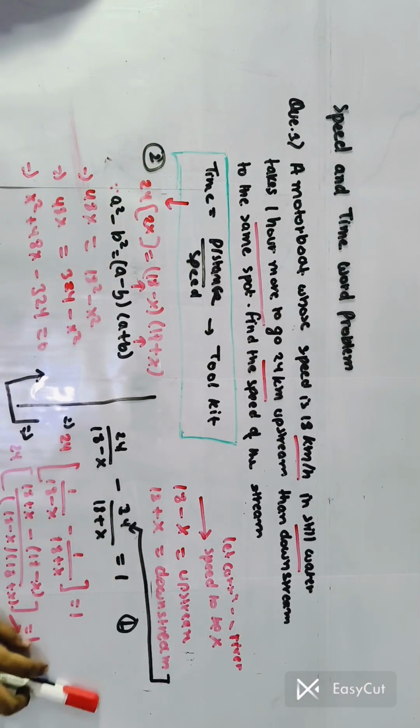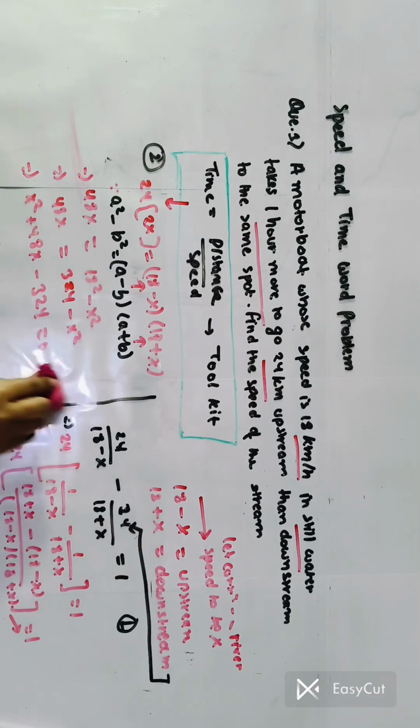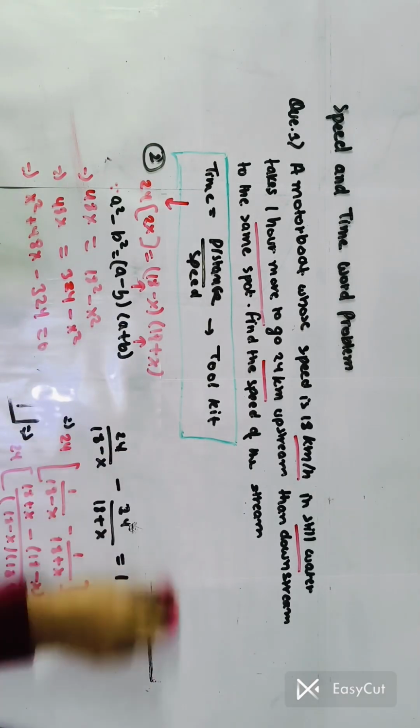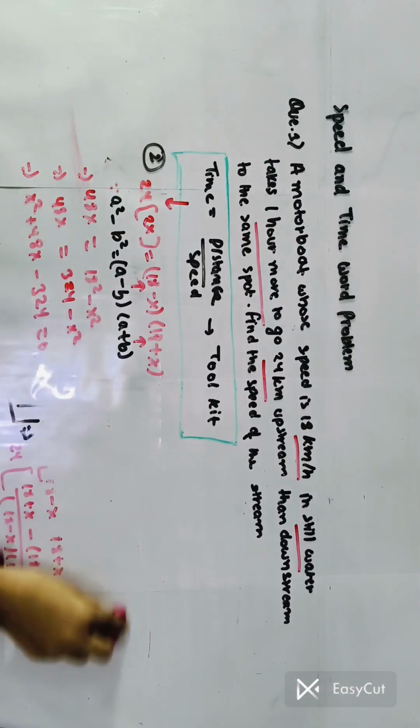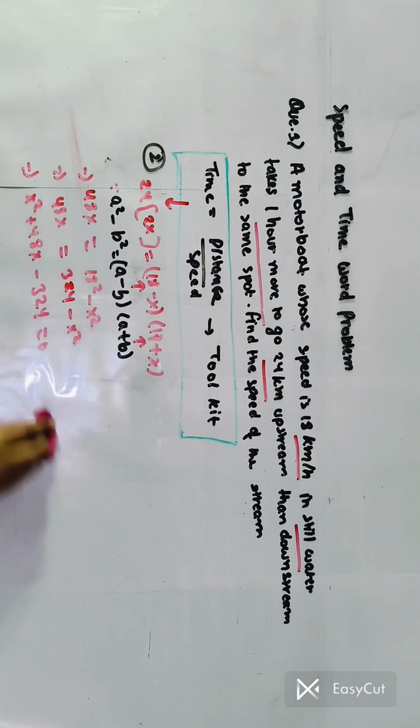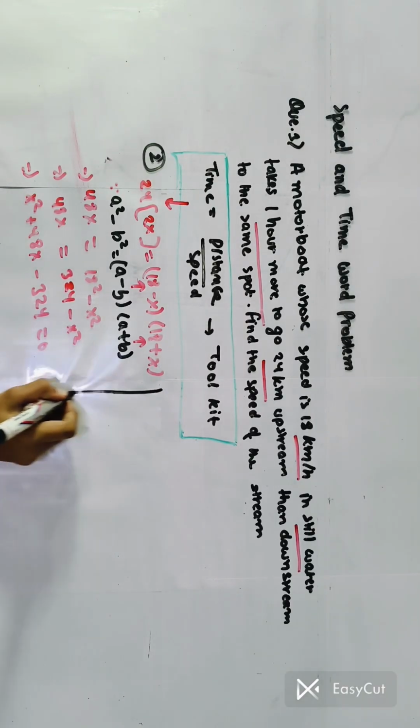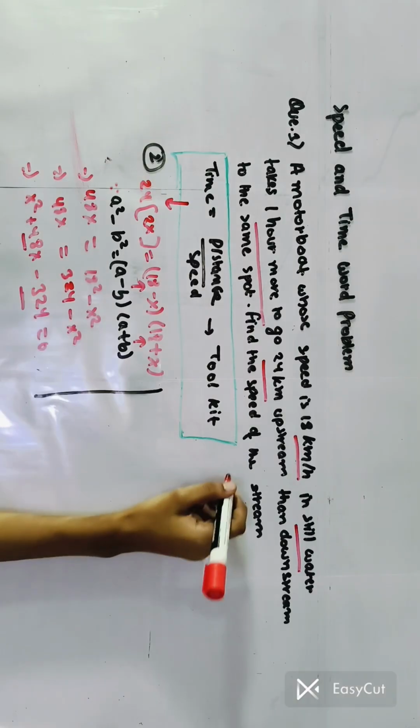I'm going to erase this part because it looks really messy and I don't like it. You can take the screenshot or you can just use gallery to watch the solution side by side. So here it is.